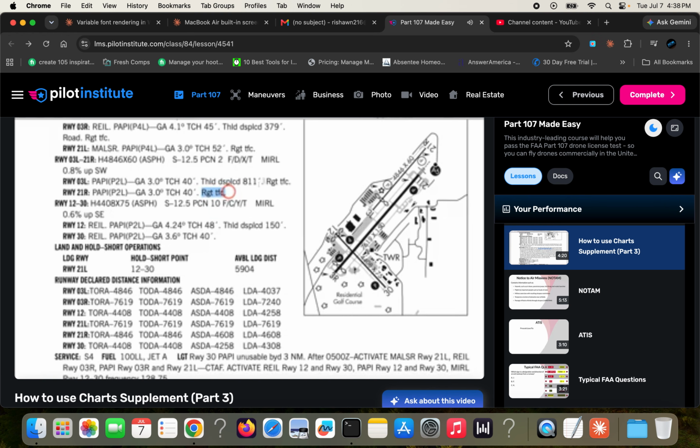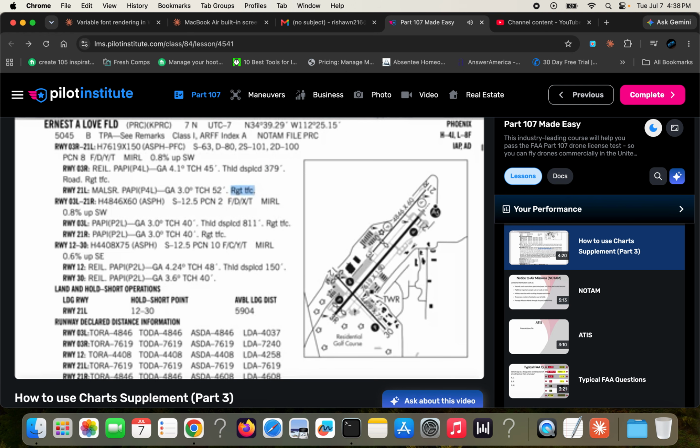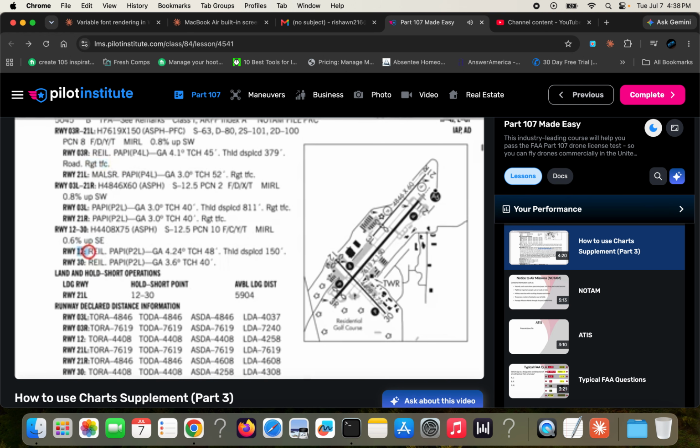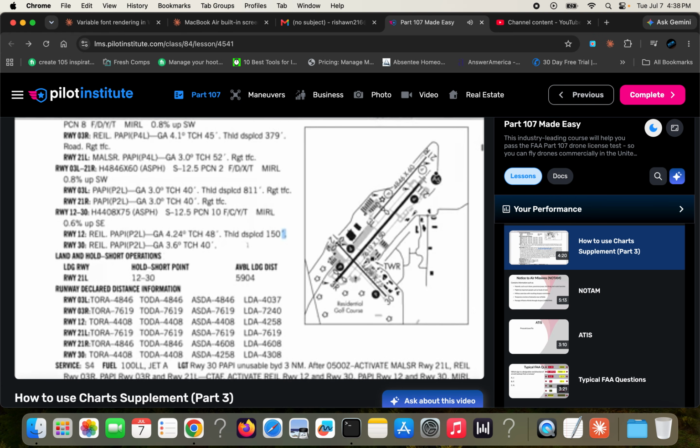Only the right traffic here is going to be notated on here. So we have runway 3 right, runway 21 left, both of these are right, but runway 12 and runway 30, both of these are left traffic pattern. This will be important later on. There are a few questions that can get tricky where there's no indication, so you need to read these.